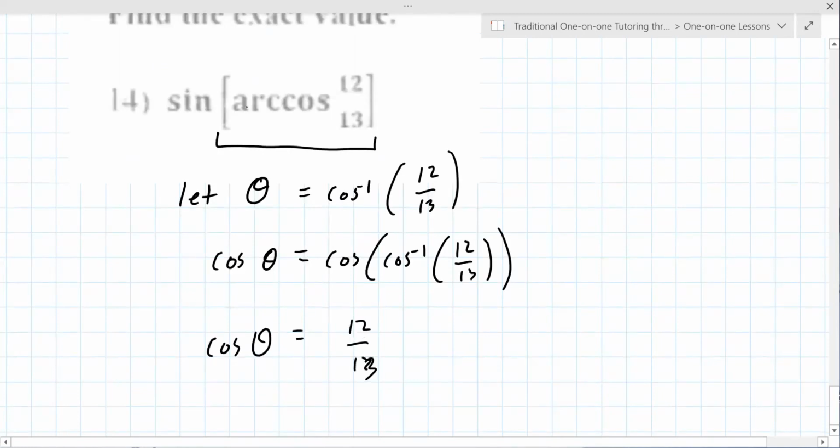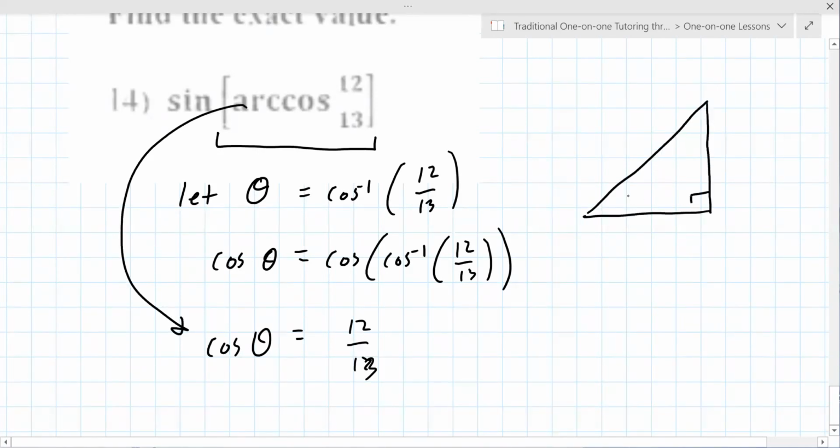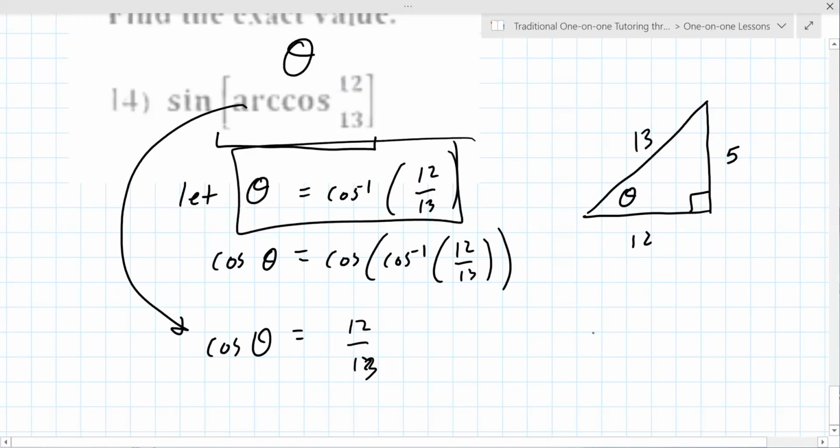You can absolutely shortcut what I just did, but that's the full work. So you draw a triangle. Cosine is adjacent over hypotenuse. This is a Pythagorean triple, so you can quickly get the third side. Now instead of sine of arc cosine, this is really sine of theta because that was our substitution. So sine of theta is 5 over 13.